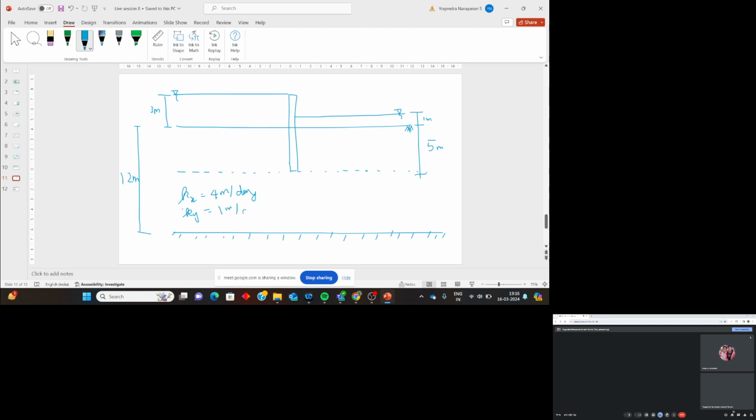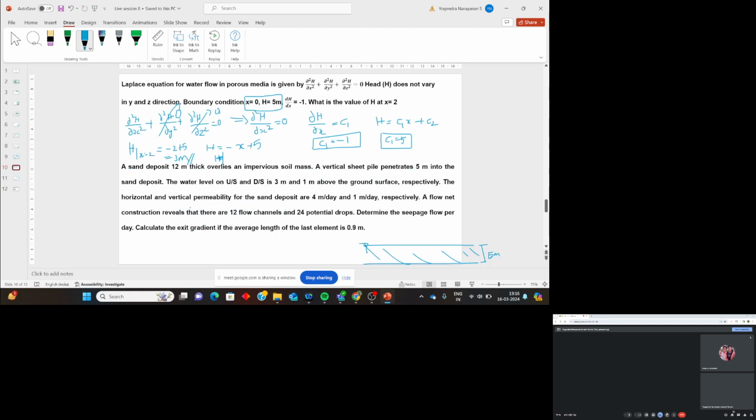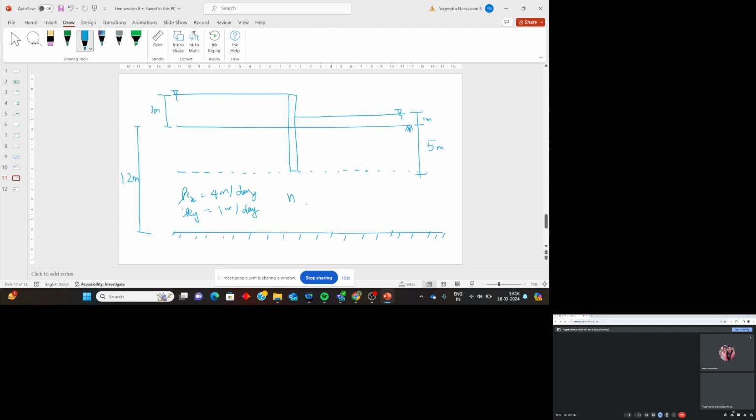Okay. Now another thing they have given: the number of flow channels NF is 12 and ND is 24. NF is equal to 12, and ND is equal to 24.